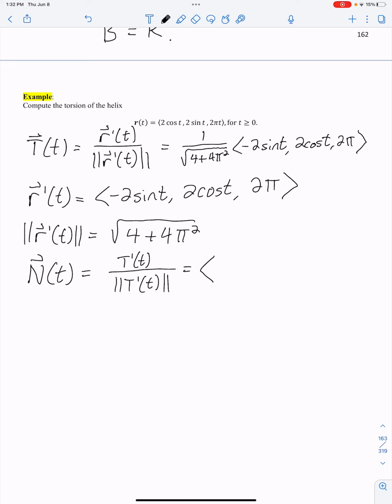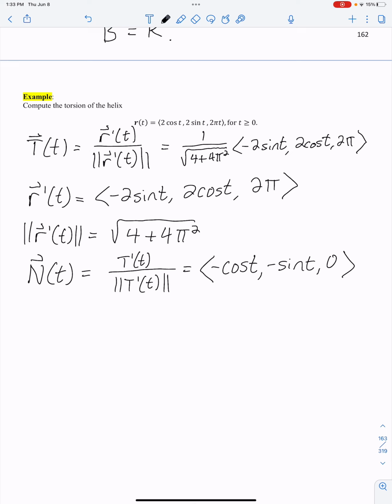That vector is going to be negative cosine t, negative sine t, 0. So if you'll just trust me on that one, because if not, we're going to have to, hold on, I'm checking something real quick. Cool. It looks like it all lines up.